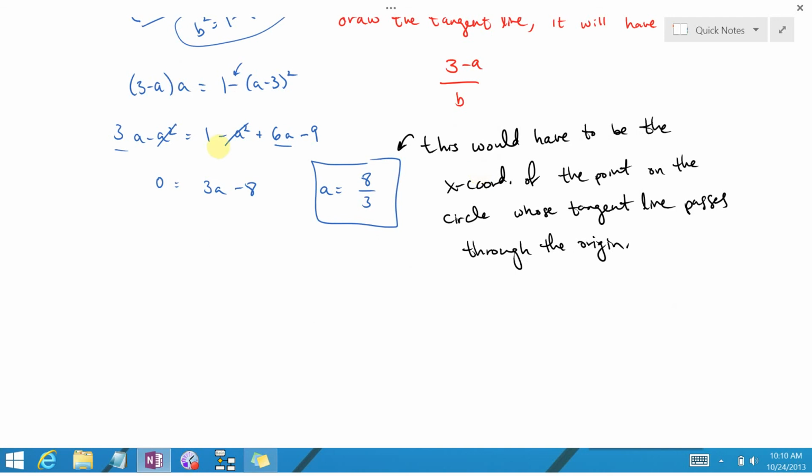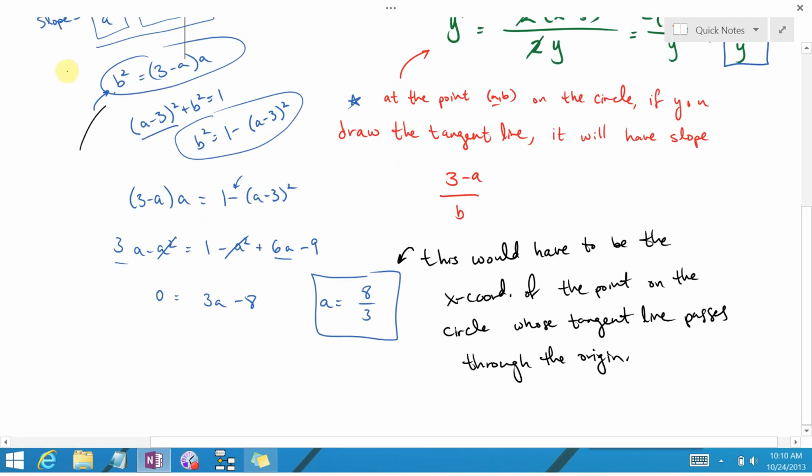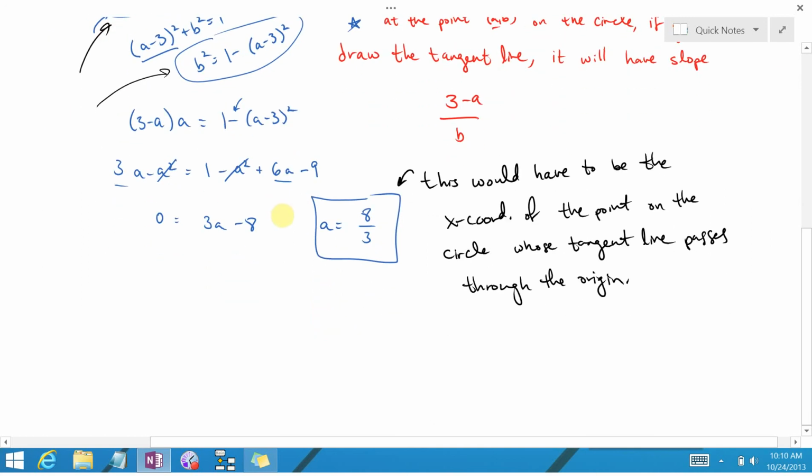You can also easily, from this equation and from going back to any of these other equations, the one that came from the slope or the one that came from the circle itself, you can figure out what the b coordinate would have to be too.